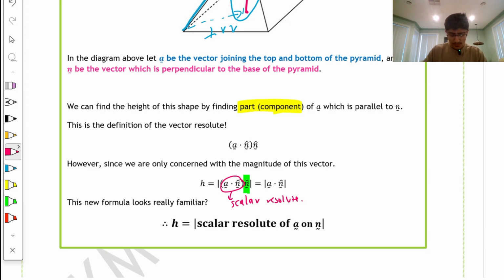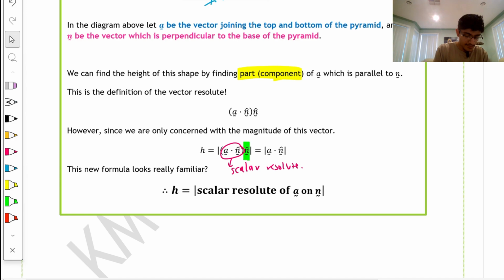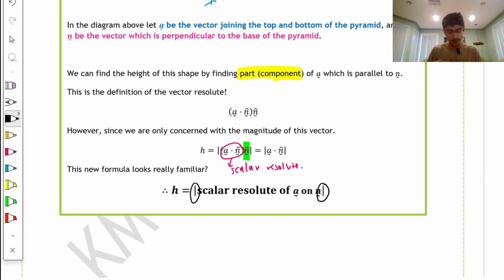And just keep in mind here, these bars on the side, in this particular formula right at the end here, they represent the modulus, whereas up here, they represented the magnitude of a vector. Slightly different concepts. Now let me explain why they're different.